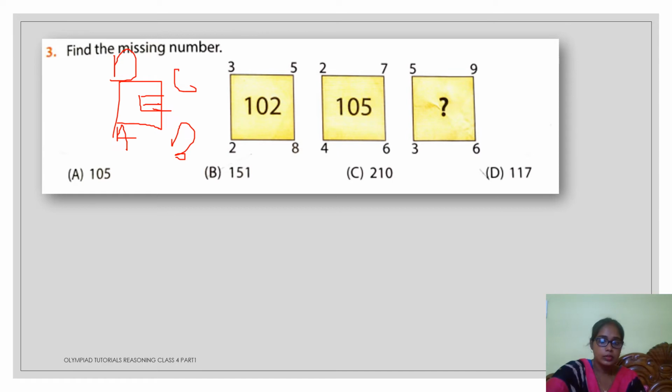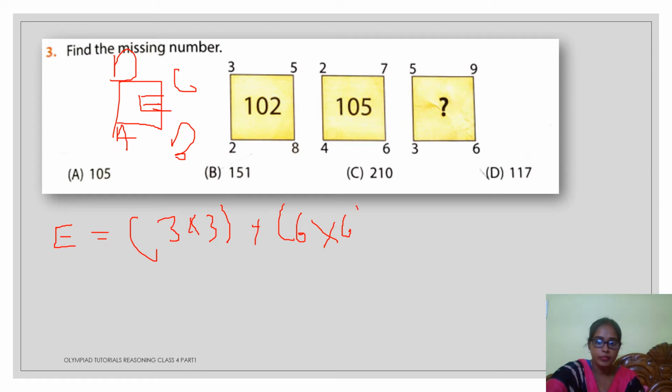The missing number, suppose E, is equal to 3 into 3 plus 6 into 6 plus 9 into 9 plus 5 into 5. Just multiply it.